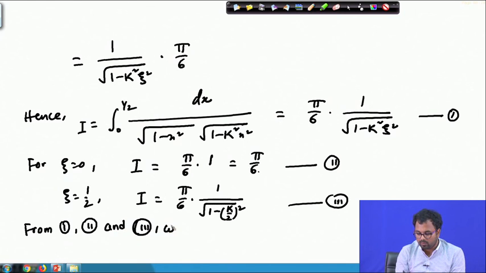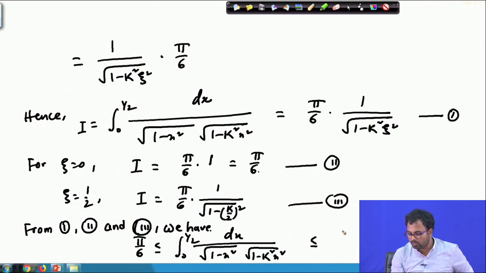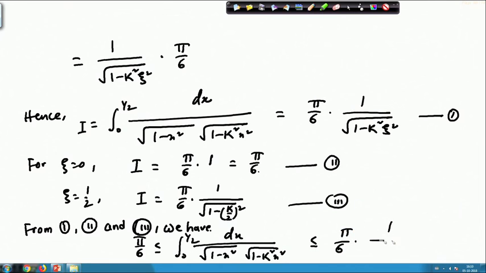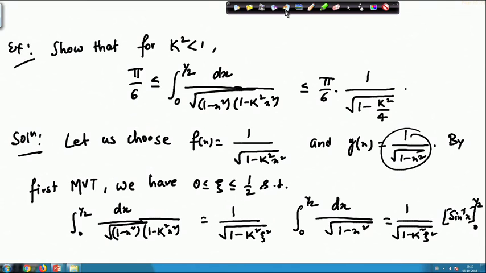pi by 6 less or equal to the integral from 0 to half of dx by square root of (1 minus x square)(1 minus k square x square), less or equal to pi by 6 times 1 over square root of 1 minus k square by 4, which is what we needed to prove.